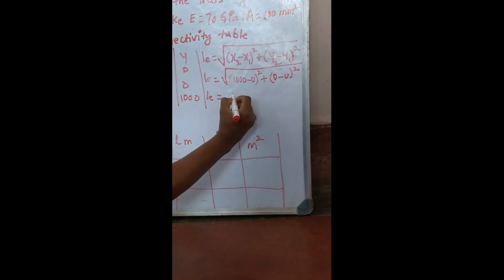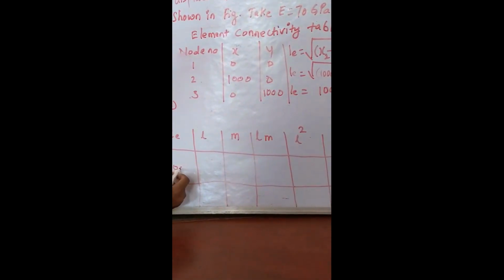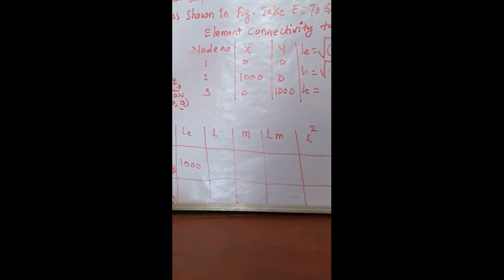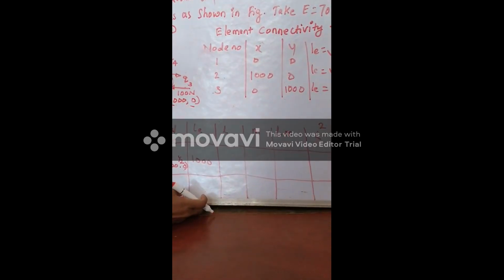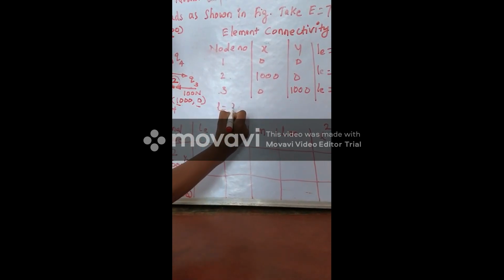So the length of the element will be 1000 mm. That can be written over here.